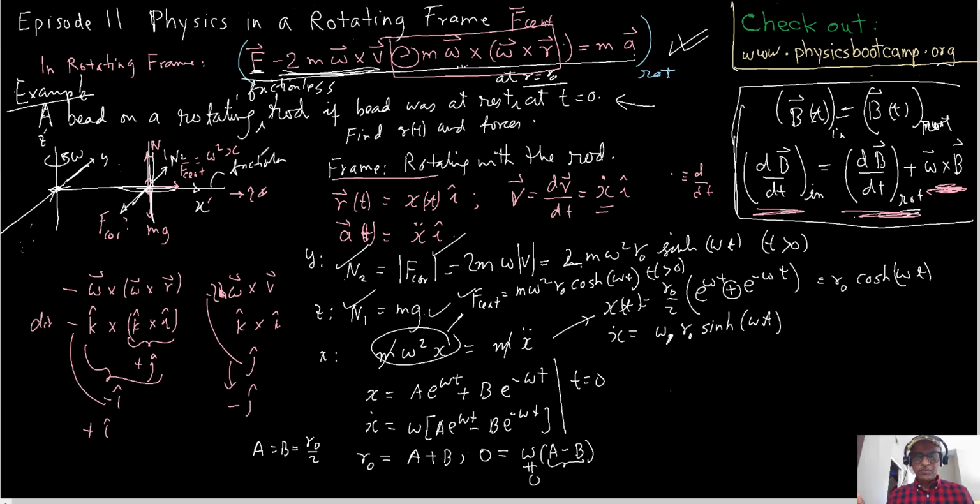You can pick a moment and a time that's general enough so that you capture all the physics and you're not leaving out something, and still the calculations are done in the simplest frame possible.